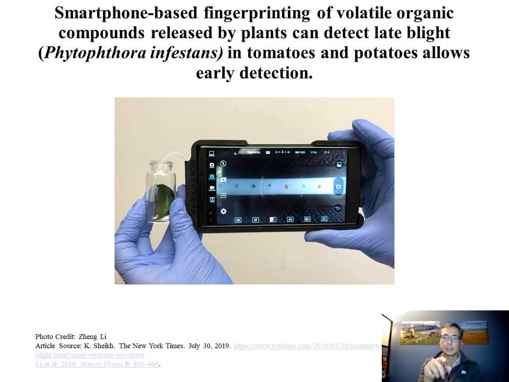So you have the analytical system that detects whether or not those volatile organic compounds are an indicator of the disease being present. So this allows you to identify the disease earlier and perhaps get out and treat the plants more quickly.